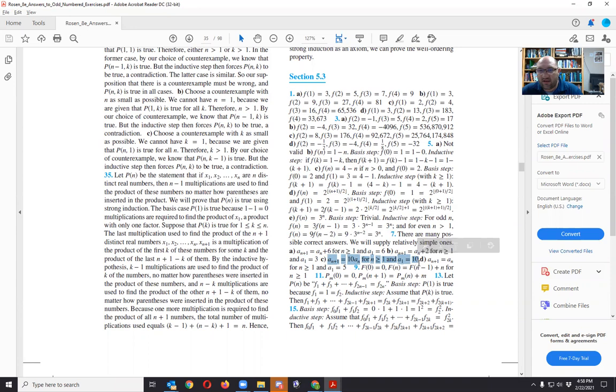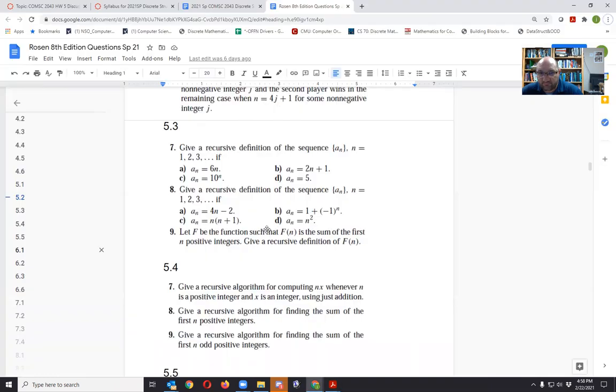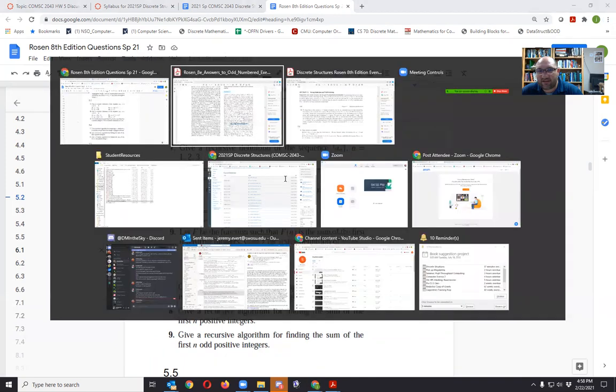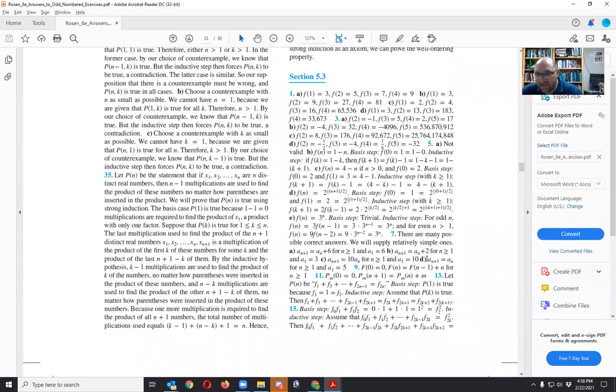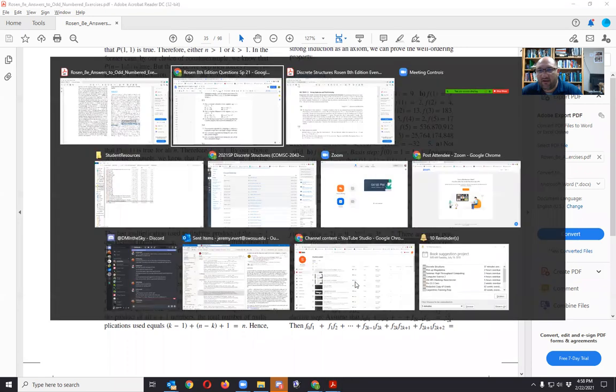Okay, all right, now let's take a look at D. a sub n equals 5. Well, this is fun. The recursive definition of this is, a sub n plus 1 equals a sub n, and a sub 1 equals 5. Okay, so that's how you do that.